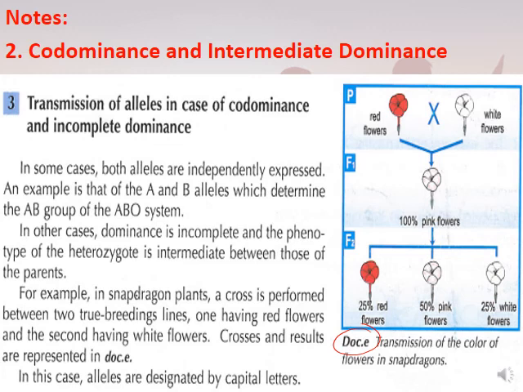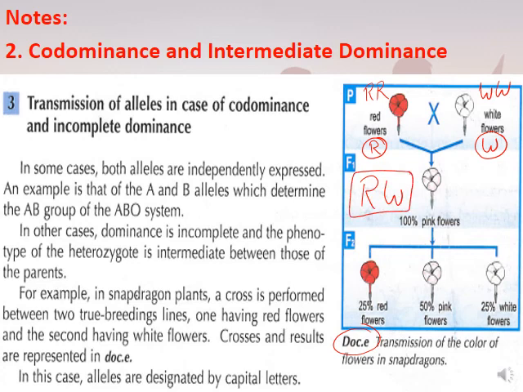So red, RR, crossed with the white, WW. Here they give only one type of gamete, which is R, and here only one type of gamete, which is W. The pink is RW. So RW is a pink flower.